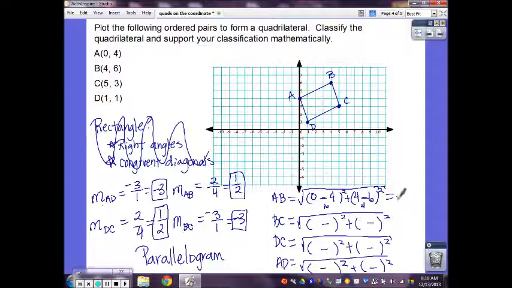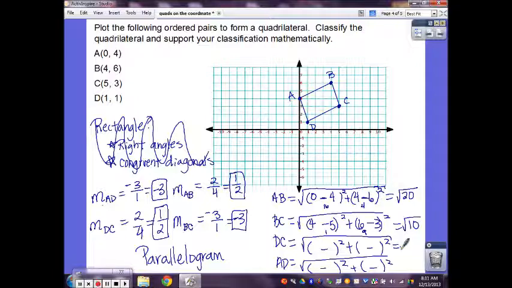So this would add together to be the square root of 20. Let's see, BC. B's coordinates are 4 and 6. C's coordinates are 5 and 3. Using mental math again, 4 minus 5 is negative 1. Negative 1 squared is 1. 6 minus 3 is 3. 3 squared is 9. So 1 plus 9 is 10.